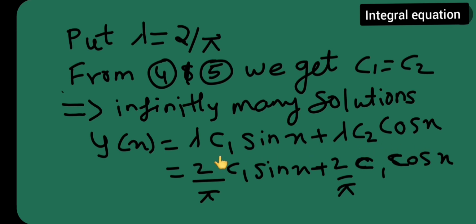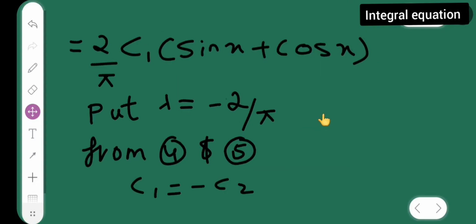So wherever there is lambda, plug in 2 by pi, and since c1 is equal to c2, wherever c2 is there, I have put c1. Then take c1 common, and 2 by pi common, and write it here: y is equal to 2 by pi c1 times sin of x plus cos of x.